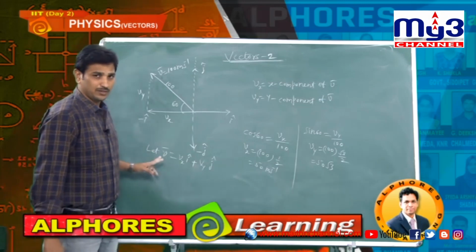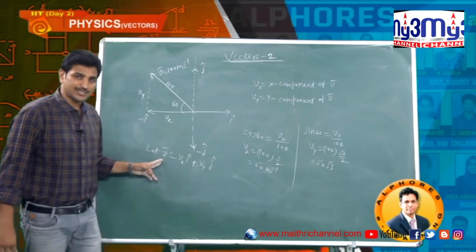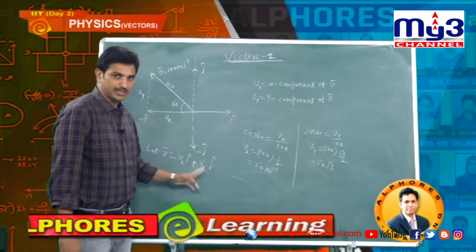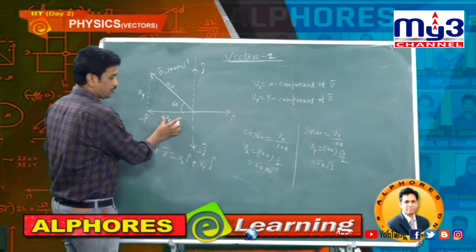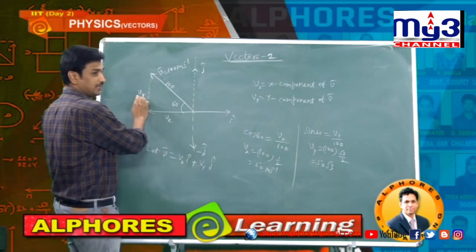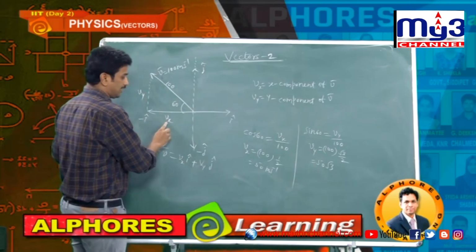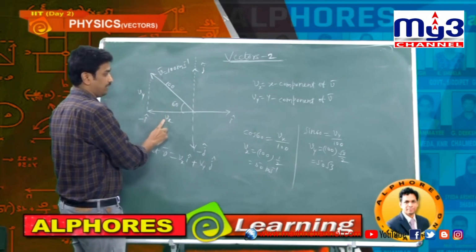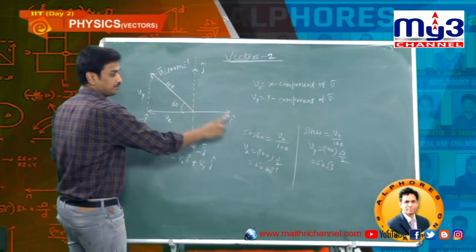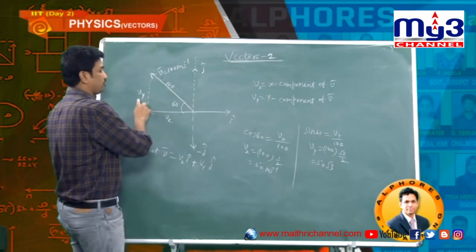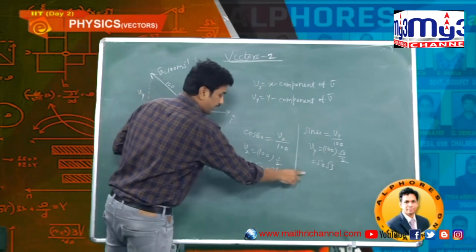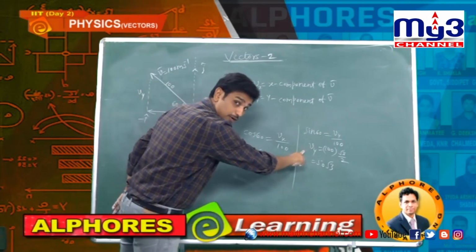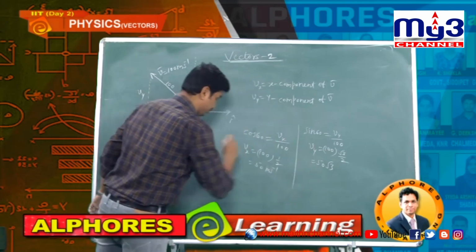So here, initially I don't know the vector form of velocity. Let us consider V bar as Vx i cap plus Vy j cap. I don't know the Vx and Vy values. Let the x component be Vx and the y component be Vy. How do we calculate Vx and Vy? I took the help of trigonometry. Cos 60 is equal to Vx by 100, sin 60 is equal to Vy by 100. Simplified, I got the x component of velocity as 50 and the y component as 50 root 3.